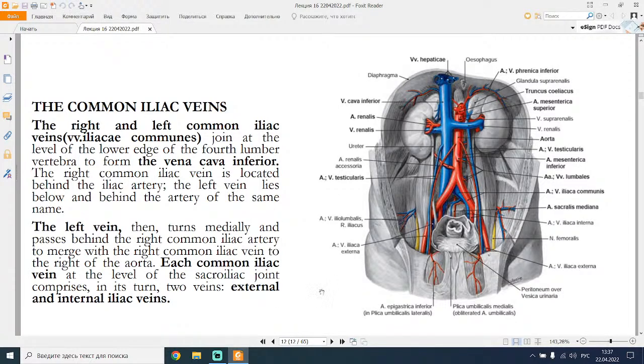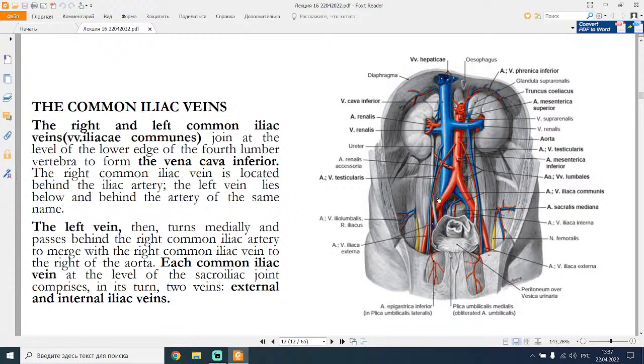Next vein, the common iliac vein. The right and left common iliac veins, vena iliaca communis, join at the level of the lower edge of the fifth lumbar vertebra to form the vena cava inferior.